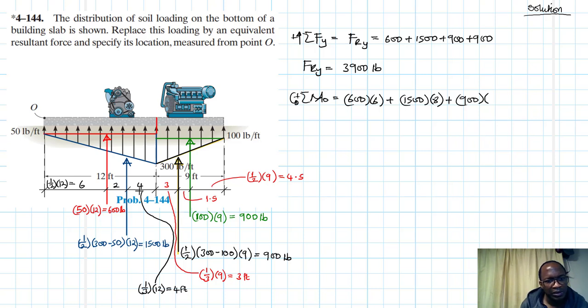This is 3 plus 4, that is 7, plus 2, that's 9, then plus 6, that's 15. So this is 15, right? 6, 8, 12, 15. Great.